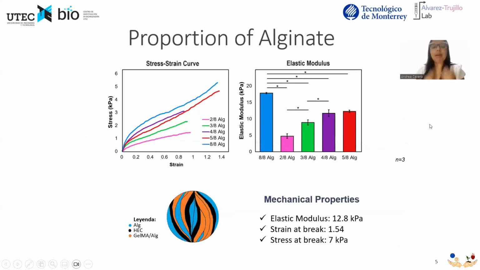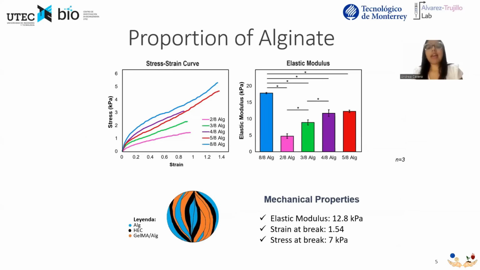And then we optimized the proportion of alginate because it was our structural material. We did tensile assays and we obtained the stress-strain curve using samples in which we changed the proportion of alginate, and we used one control sample made of just alginate.